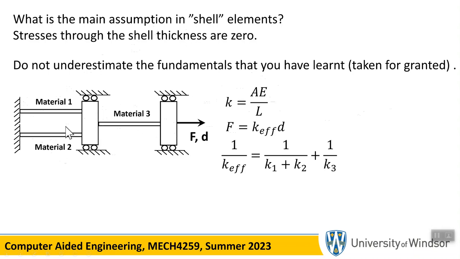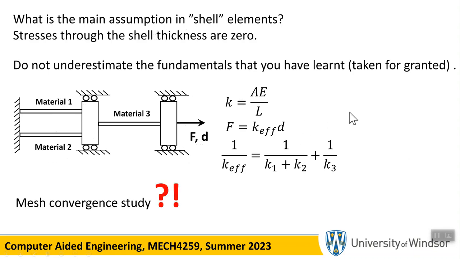So now you have two springs in series, and you find the equivalent stiffness of this whole structure as K1 plus K2, which is in parallel, and then K3, which is in series with the other two through this formula. So you should not rush to a finite element package to find the displacement of this block when you apply force. That is all you need.